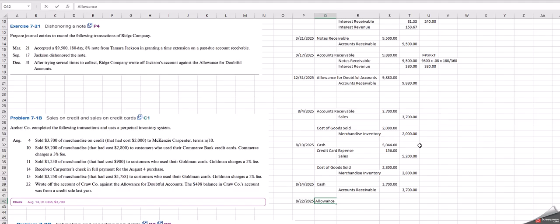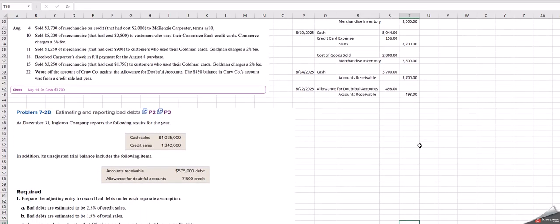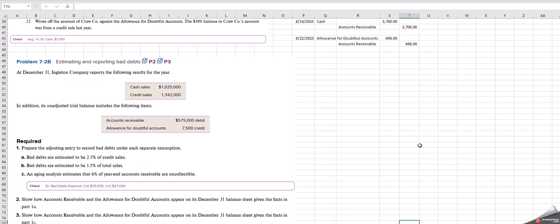Now that we realize it's not going to be paid, we're going to debit the allowance for doubtful accounts for the full amount, and then we're going to credit the accounts receivable for the $498.